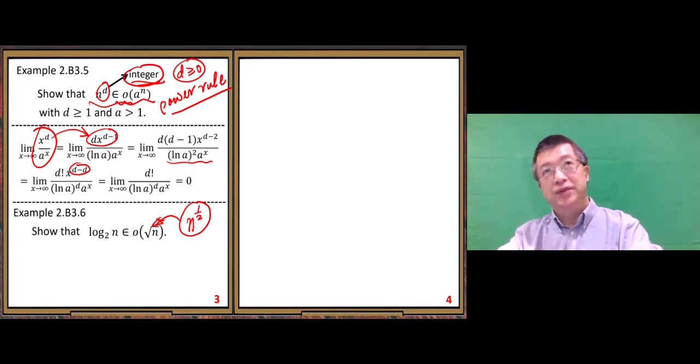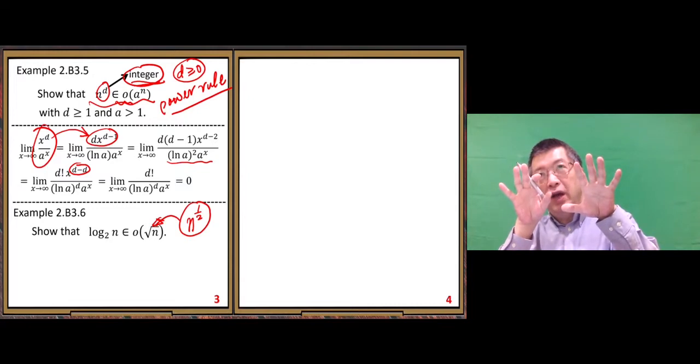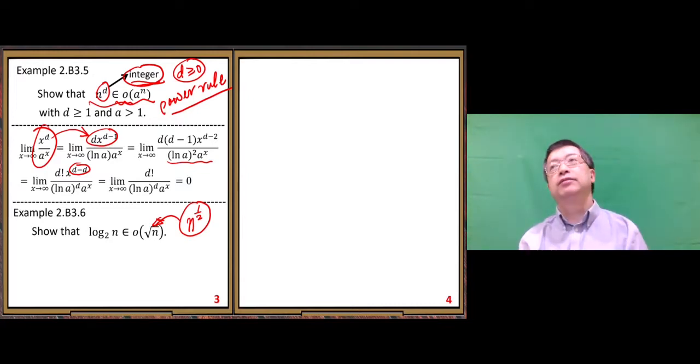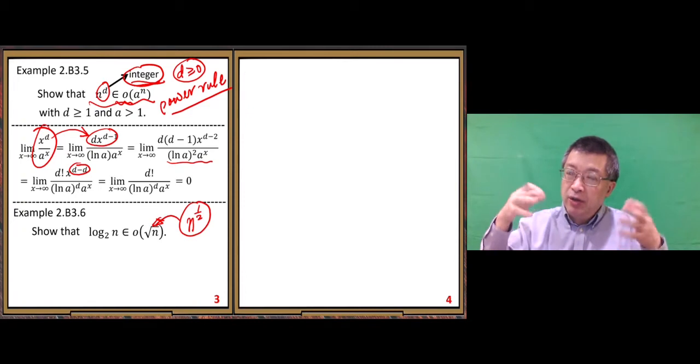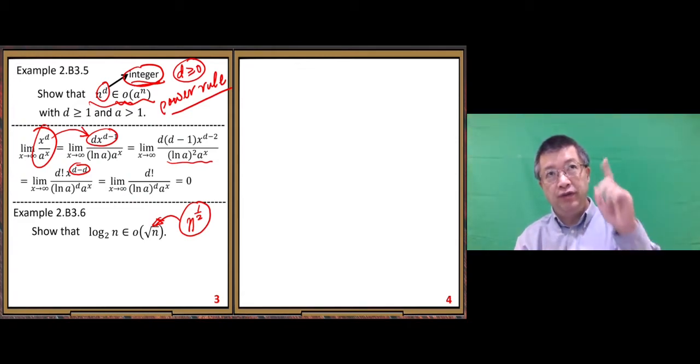We just need some special treatment for the fractional part. If it is a non-integer, there is a fractional part, so we need to handle it with some special treatment. Then we can still prove it.